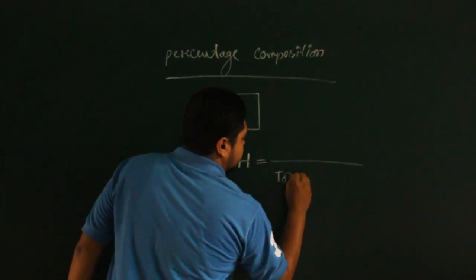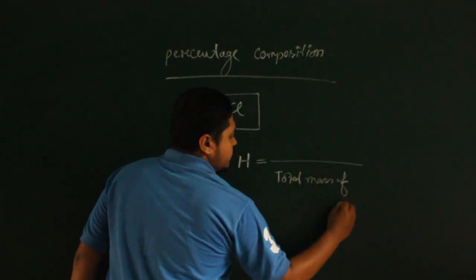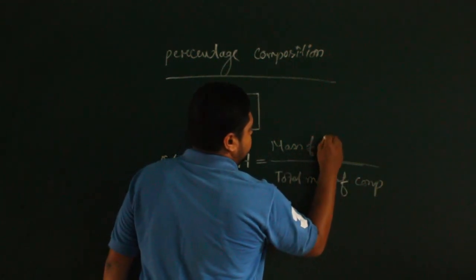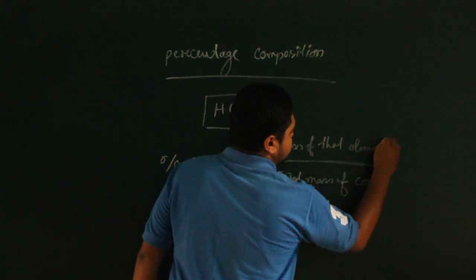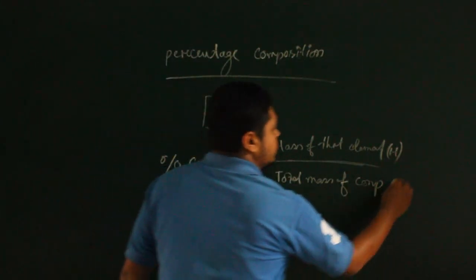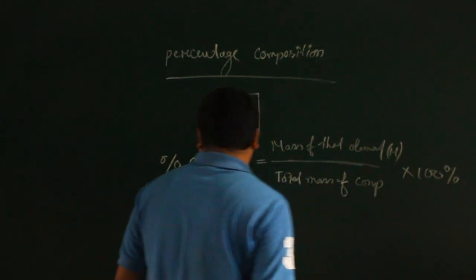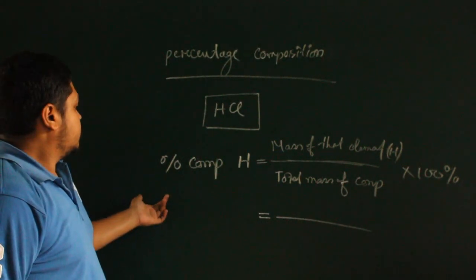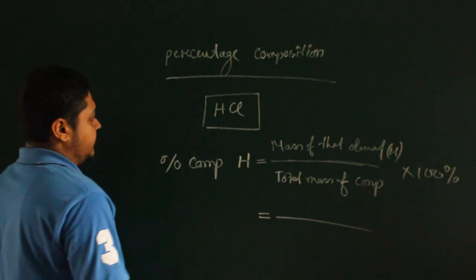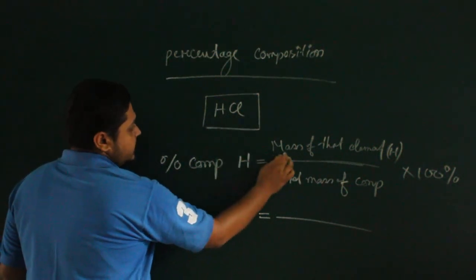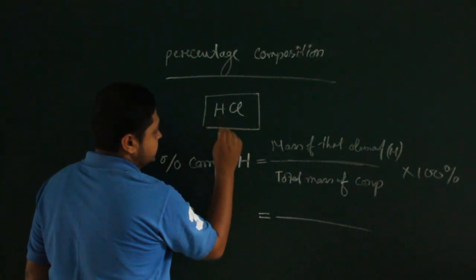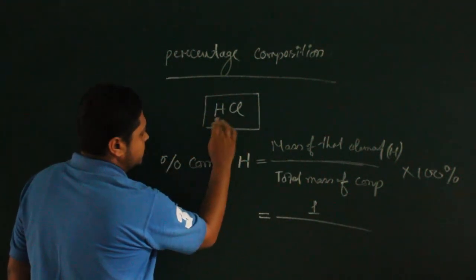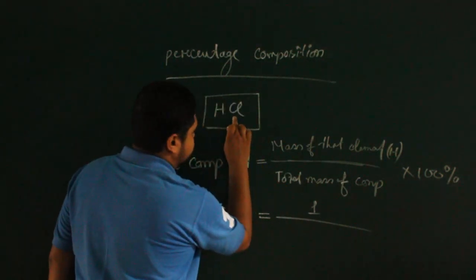It is the mass of that element, that means hydrogen, divided by the total mass of the compound, into 100%. When we put in the atomic mass and molecular mass, for the percentage composition of hydrogen, the mass of hydrogen in HCl is 1 gram, and the total mass of the compound, HCl, is 1 plus 35.5.